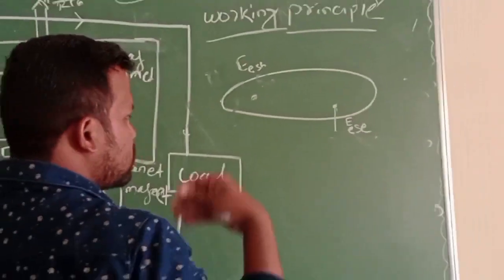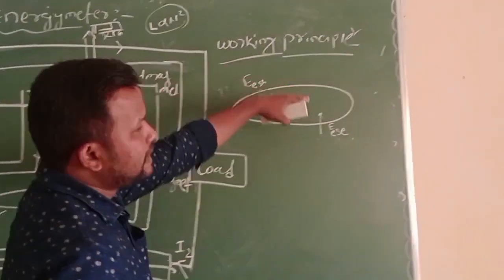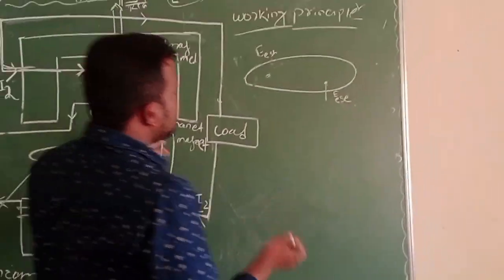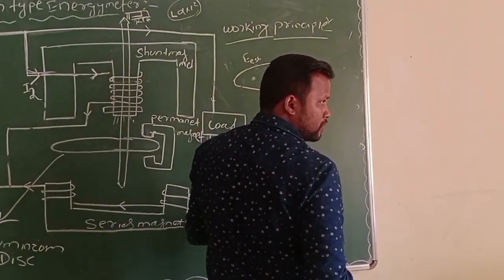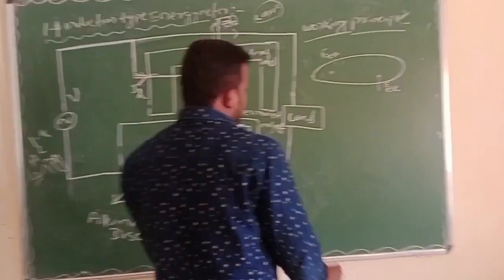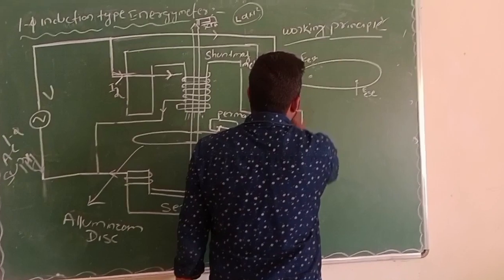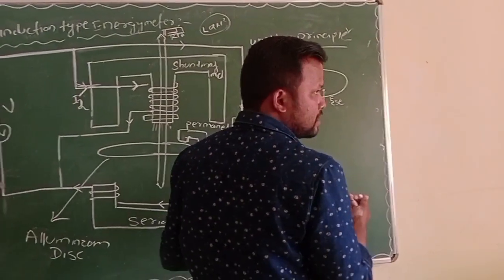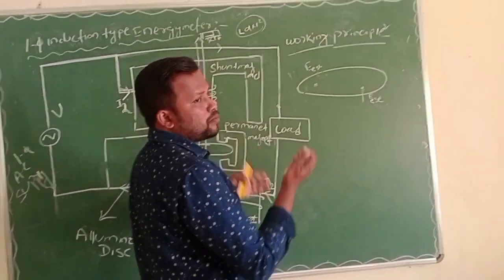This EMF also develops a current, known as the series field eddy current. So there are two eddy currents in the aluminum disc. We have two fluxes, phi SH and phi SE, which set up eddy currents on both sides of the disc.